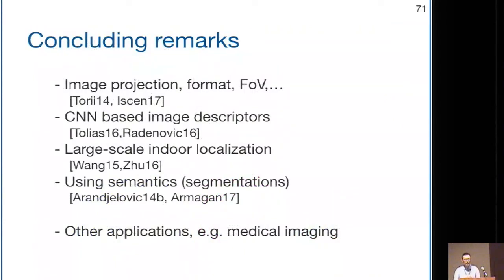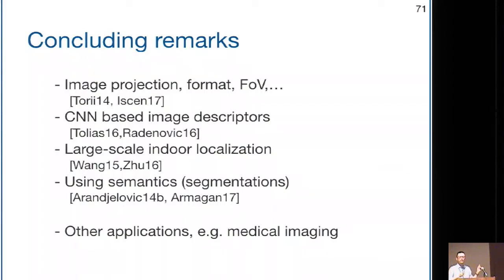So, to summarize, I think there are still some interesting things, even for feature-based place recognition. And what we still have to think about is, one topic is image projection models.